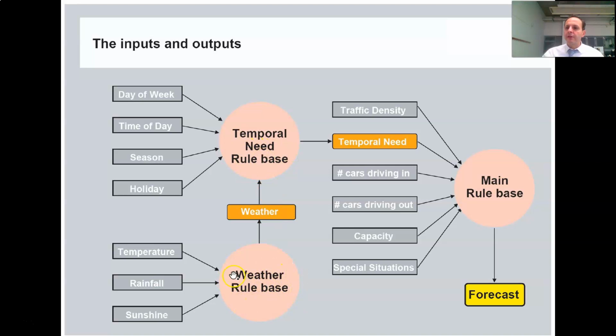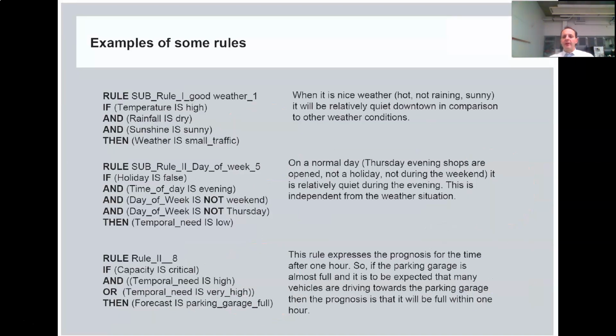So the weather, selecting the temperature, the rainfall, sunshine, and this information is fed together with the temporal need, the traffic density, the number of cars driving in, driving out, the capacity, of course, is something that is constant, and we have special situations.